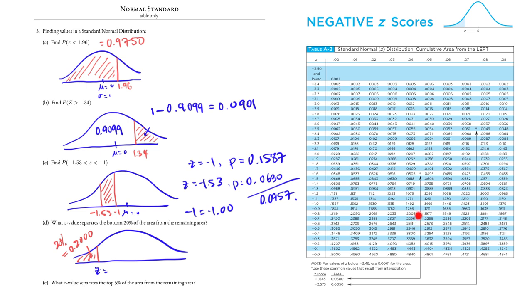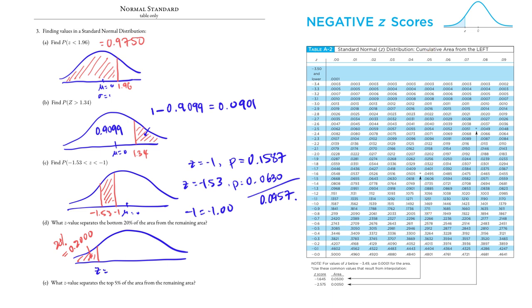And so we need a compromise here. There is no precise 4-digit 0.2000 that we're looking for, but we found two numbers where 0.2 is between. The first number, 0.2005, has a corresponding z-score of negative 0.84. The second probability, 0.1977, has a z-score of negative 0.85.